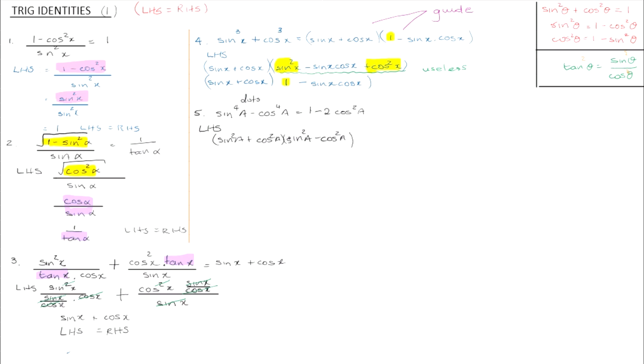If you have a look here, you will see sine squared plus cos squared. So that is going to give us the 1 that we are looking for.